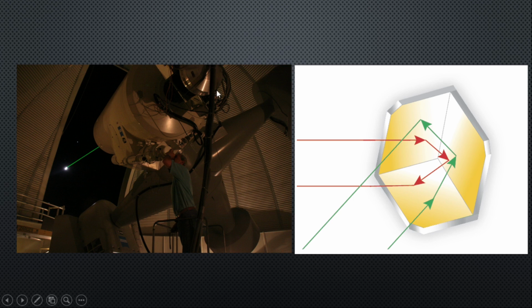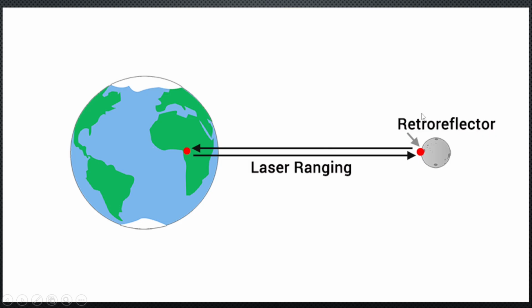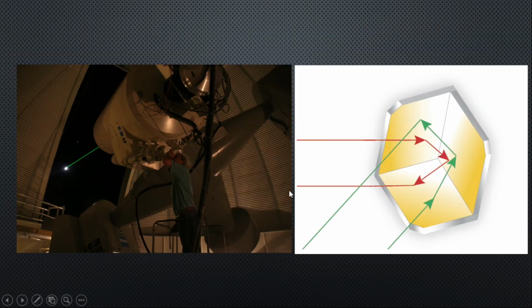So here is how the laser ranging works. You aim at these retroreflectors on the moon. You have to aim at it. You don't have to send lasers anyhow. If you aim at one of those retroreflectors, you send out these lasers. Then they get reflected back in the same parallel direction you sent it.